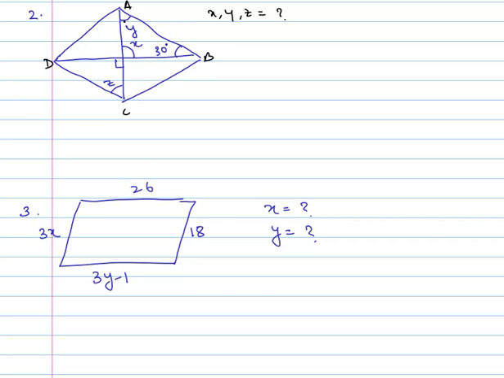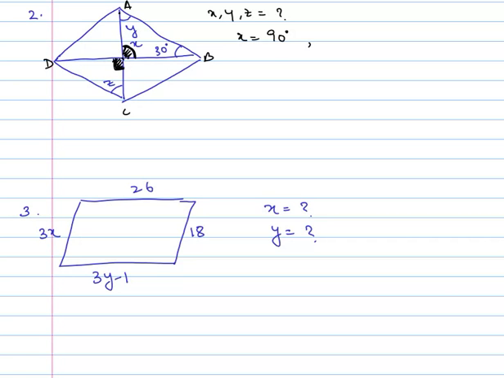Now over here, these are two diagonals which are meeting at 90 degrees. Therefore the value of x will also be 90 degrees, because these two are vertically opposite angles. This square is a sign of 90 degrees. Therefore x is 90 degrees.